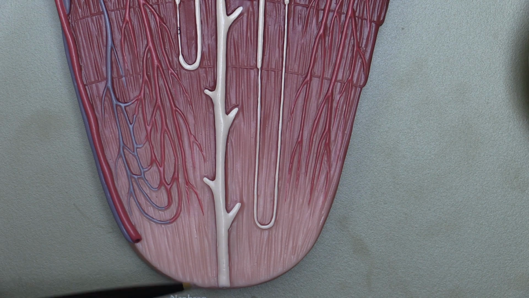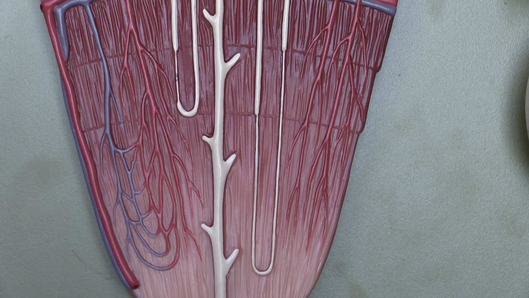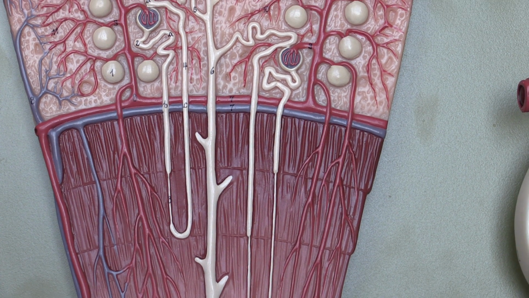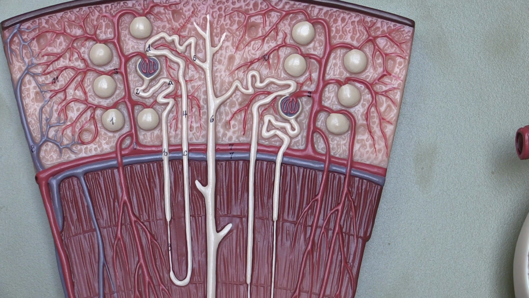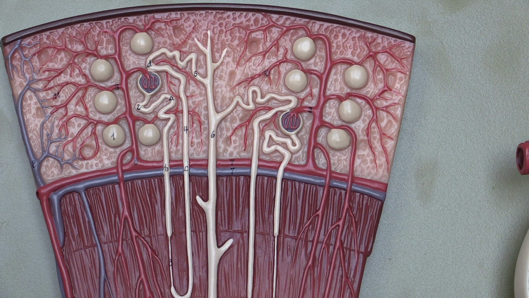By the time it gets down to here, it's actually urine. You're probably going to produce 1.5 to 2 litres of urine per day, depending on how much you drink. So if you're producing 180 litres of glomerular filtrate, you can see that maybe 178 litres of that is going to be reabsorbed if you're producing 2 litres of urine per day.